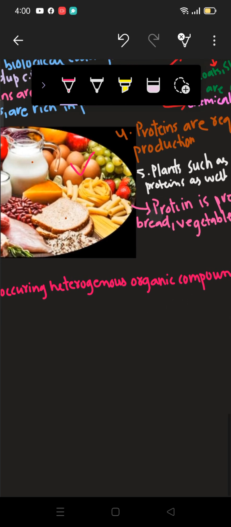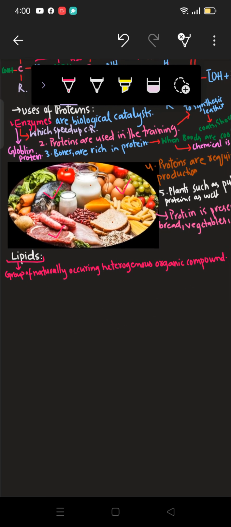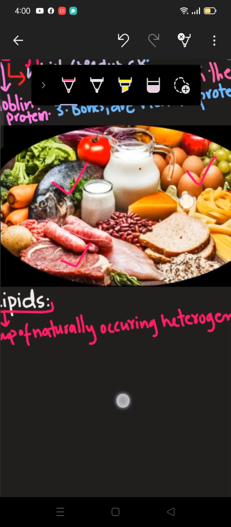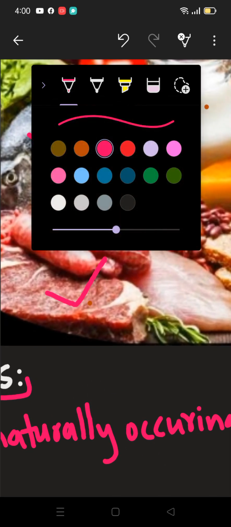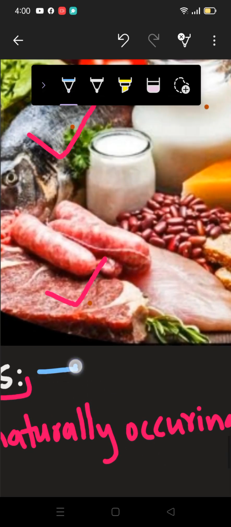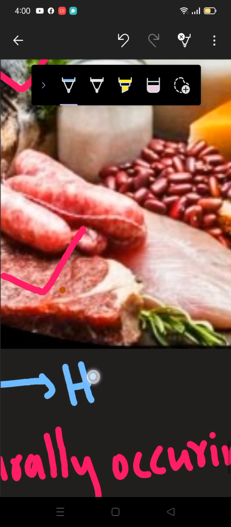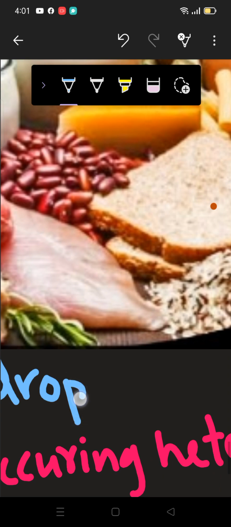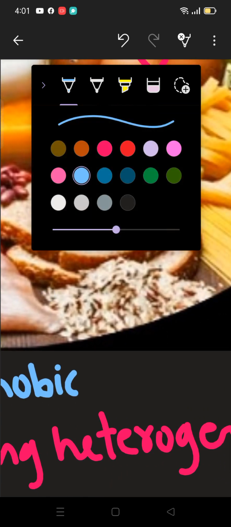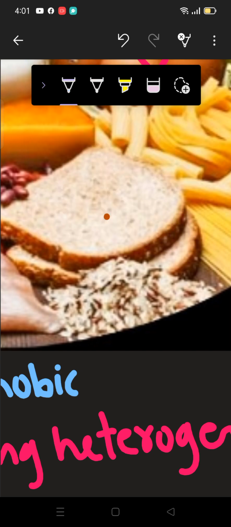water. The things which are insoluble in water are known as hydrophobic. So I can write here, lipids are hydrophobic, which means they are not soluble in water, or insoluble in water.